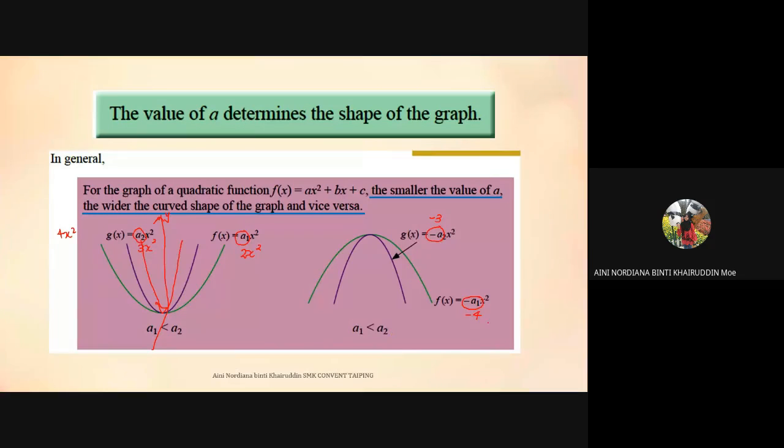Right, the bigger the negative number, the smaller that number.